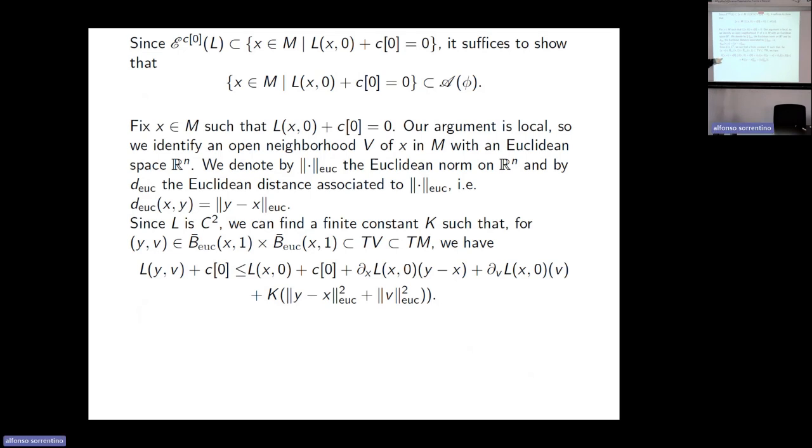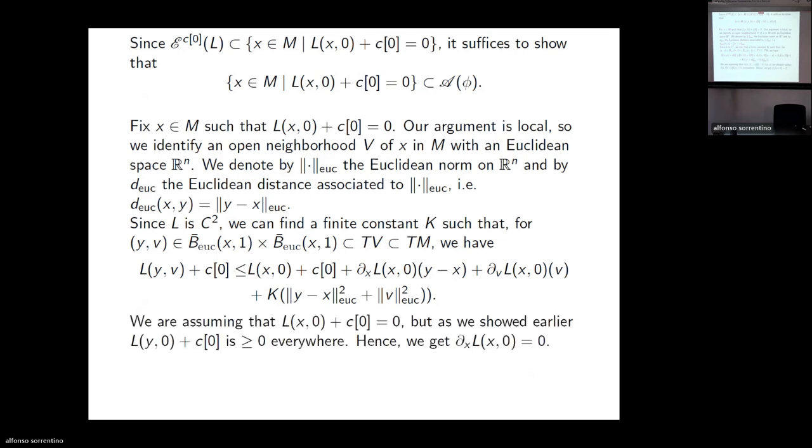Okay, I'm just writing here a Taylor formula, and the second order term is, of course, bounded by k times the distance squared, for some constant. Okay. Now I am assuming that L(x,0) plus C0 is 0, but L(y,0) plus C0 is non-negative everywhere.